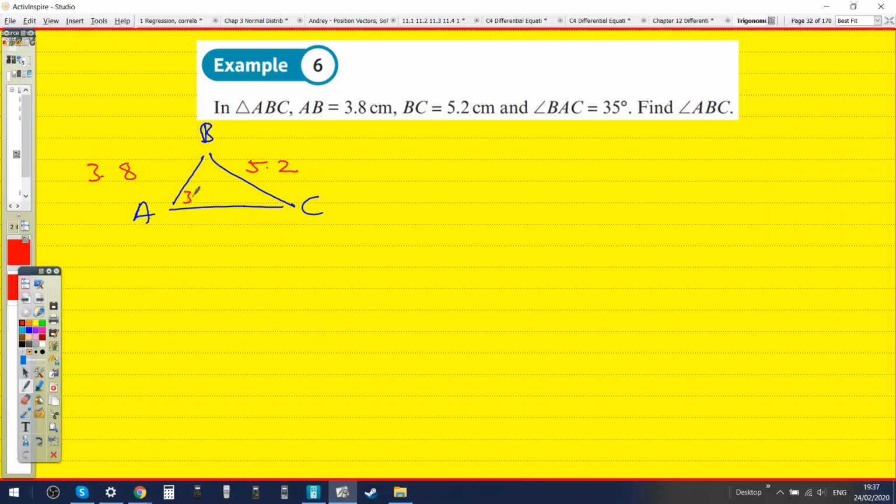So would you have to do something like sine 35 over 5.2 equals some length over x.